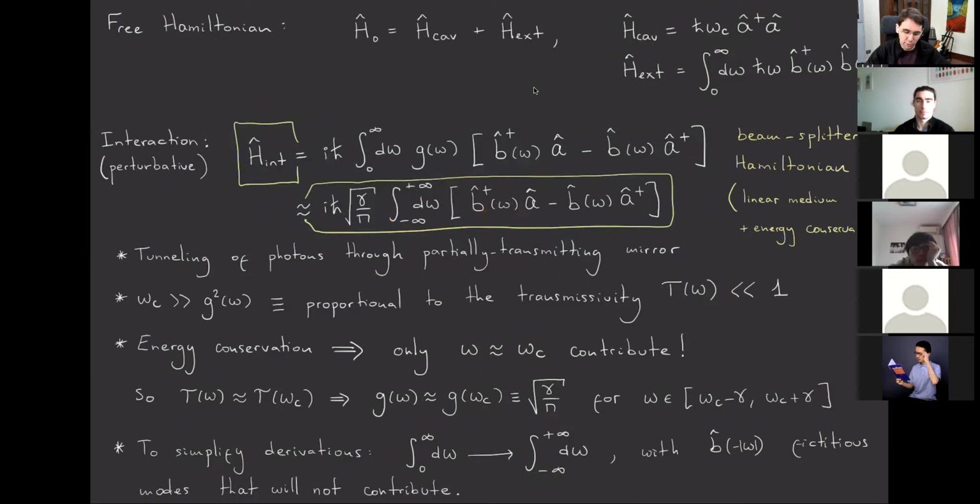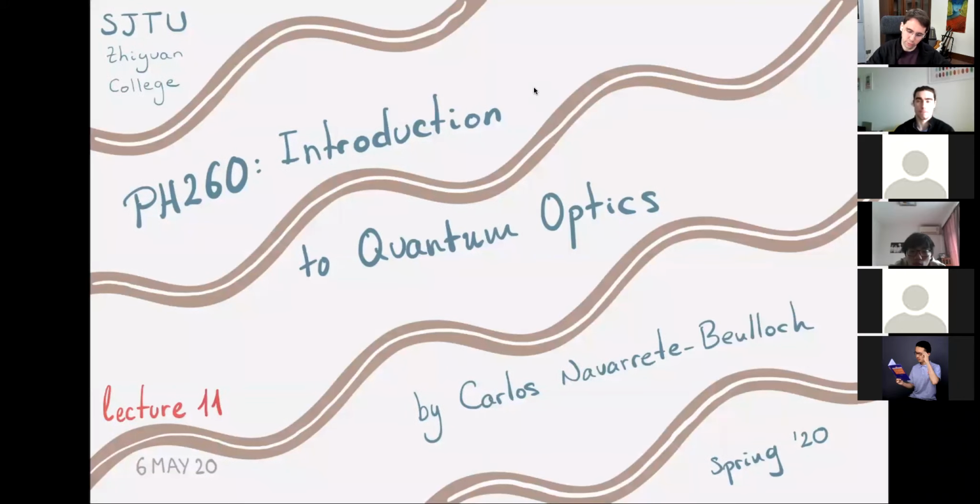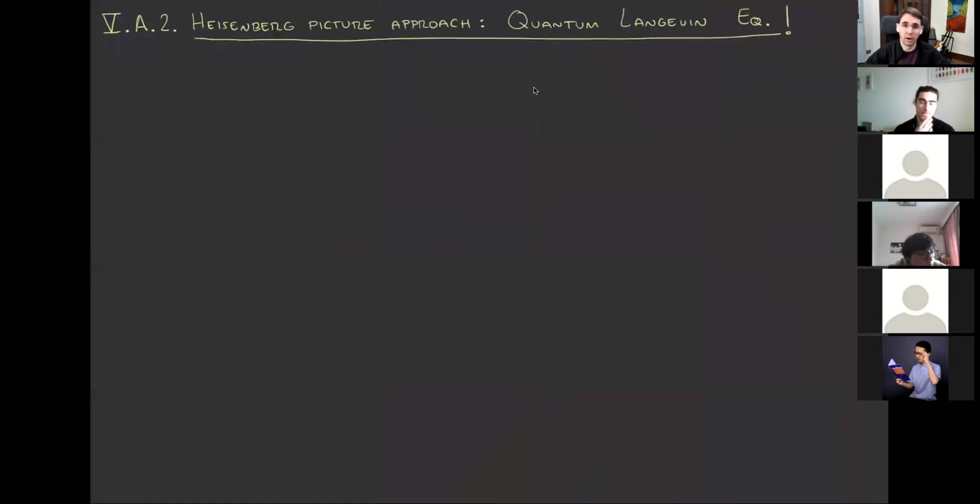So this is the model that we are going to start from today that describes an open cavity. It's just one mode of the cavity interacting through this Hamiltonian with the external continuous field that has many frequencies.